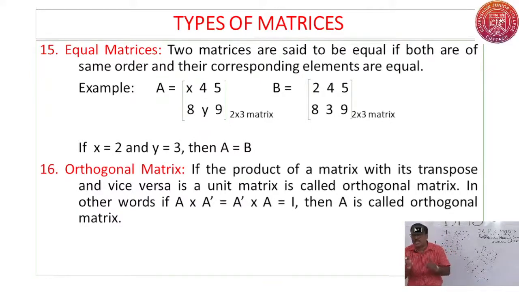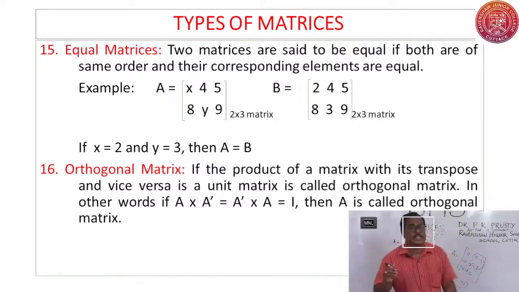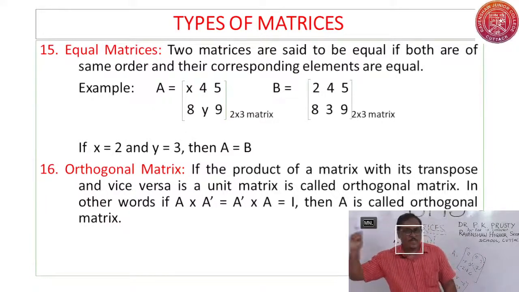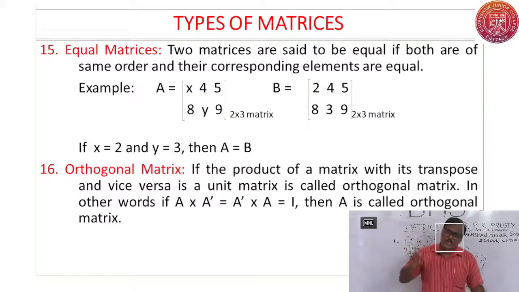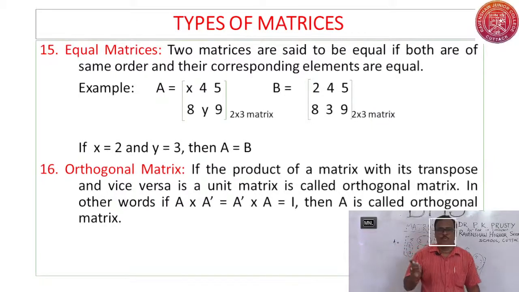If A and B are equal, then x must be 2 and y must be 3. So corresponding elements are the same. The first row of the first matrix must be equal to the first row of the second matrix, and likewise the second row. So that is called A is equal to B.